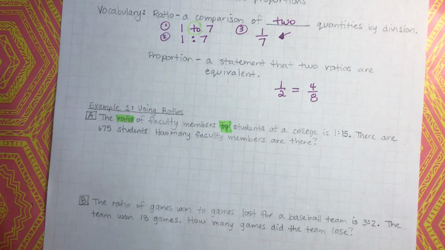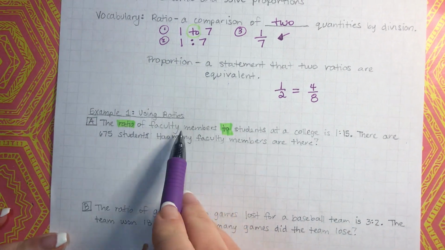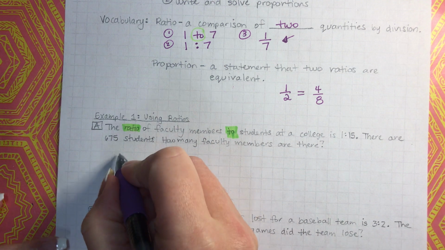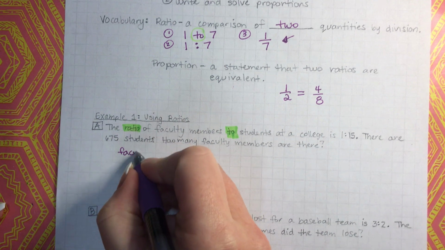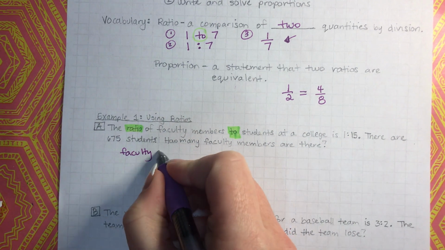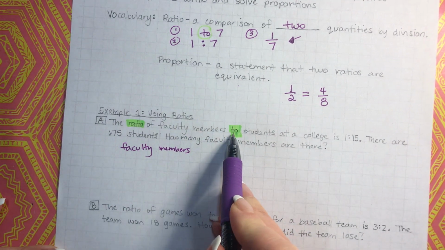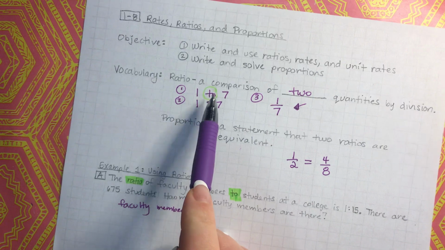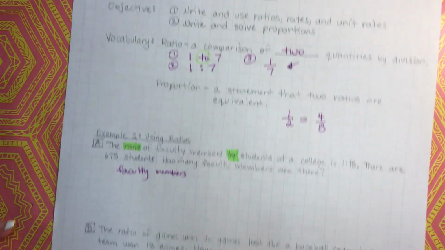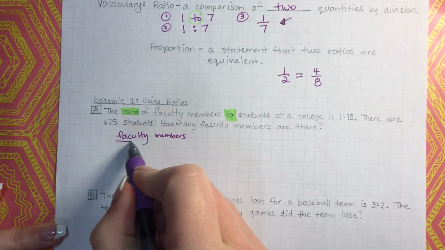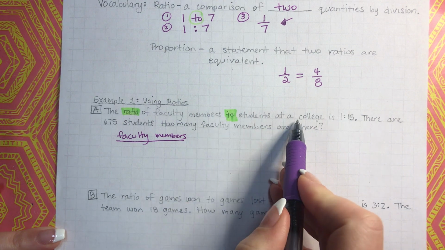What that means is that the ratio we're looking at would be faculty members, because whatever is to the left of the word "to" goes on top of the fraction. So faculty members to students at the college.